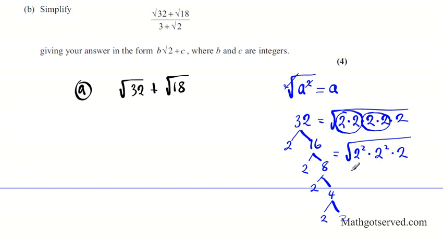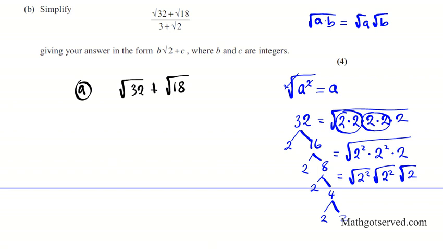Okay? Now we're going to apply another rule of surds. If you have the square root of a times b, it's the same thing as the square root of a times the square root of b. Okay? And I'm going to apply that rule to these three terms. So we're going to have the square root of 2 squared times the square root of 2 squared times the square root of 2. Okay?